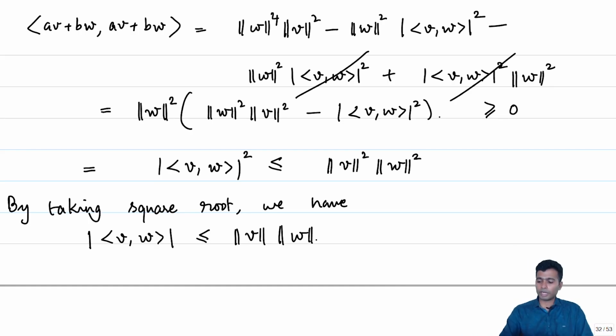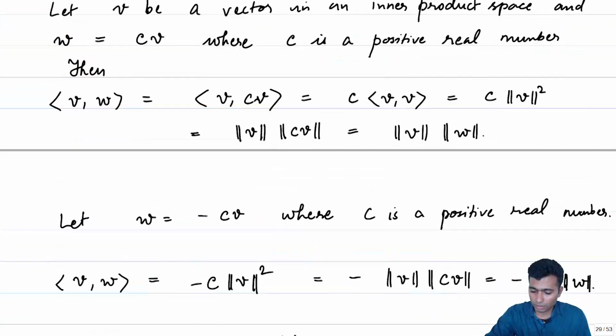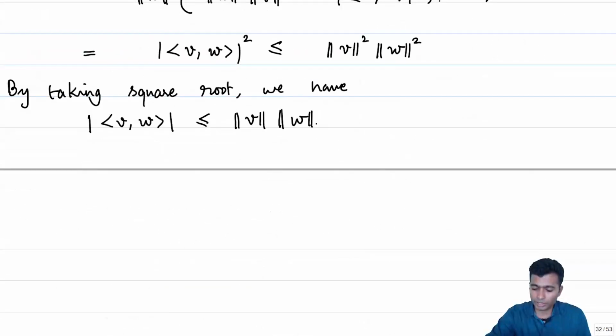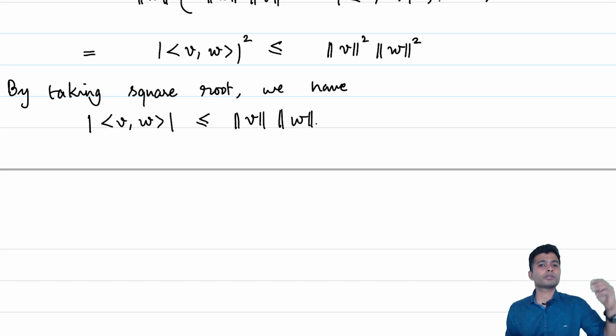If we look at W to be a positive scalar multiple of V, then this will be equal to the length of V times length of W. And otherwise it will be minus. If it is a negative multiple of V, then it's going to be minus the length of V times length of W. And every other case will be between that.